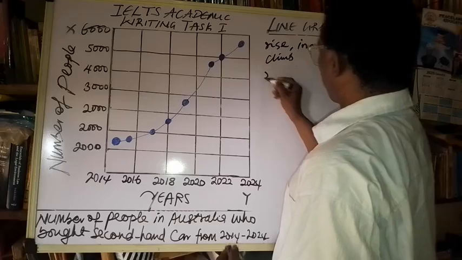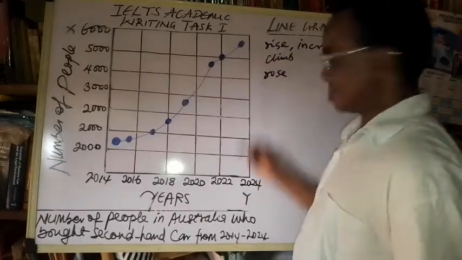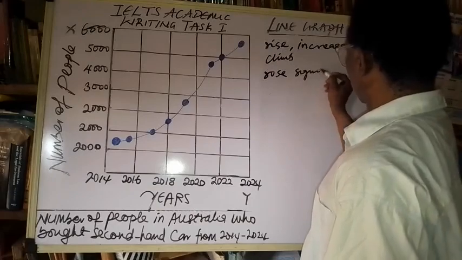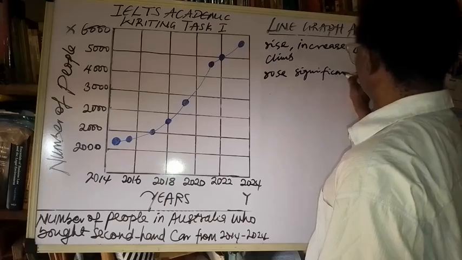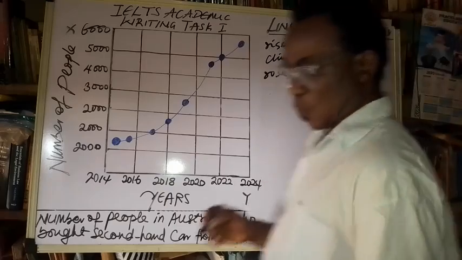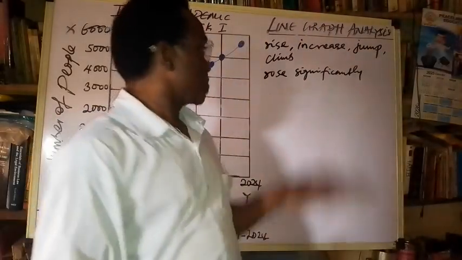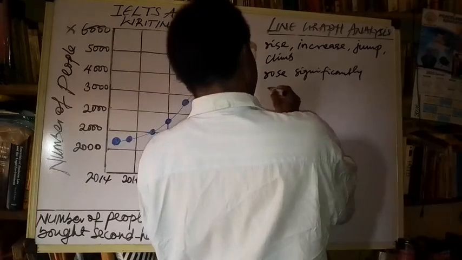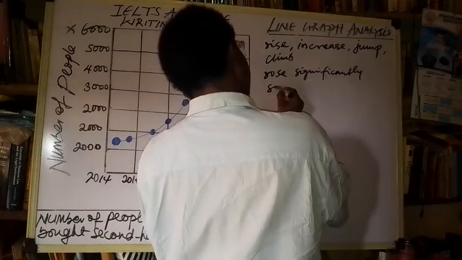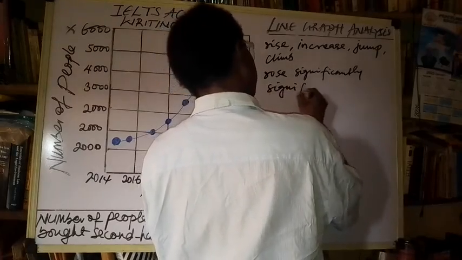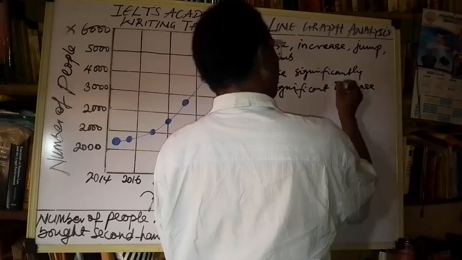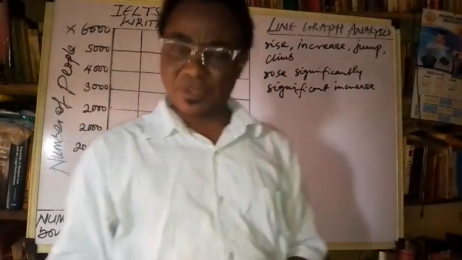Then you may use rose, past tense of rise, rose significantly. Quantities or amounts may rise significantly, or there is a significant increase.